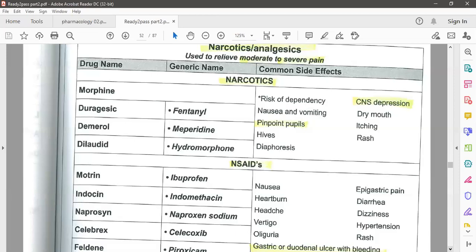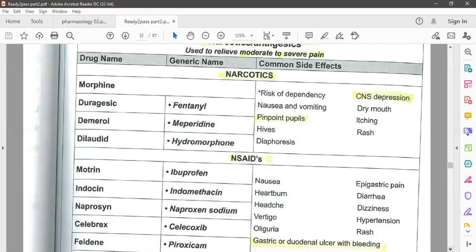Oxycodone has acetaminophen basically, so do not give it if the patient is allergic to acetaminophen, and it is okay to give if the client is allergic to aspirin. We are talking about codeine and oxycodone.